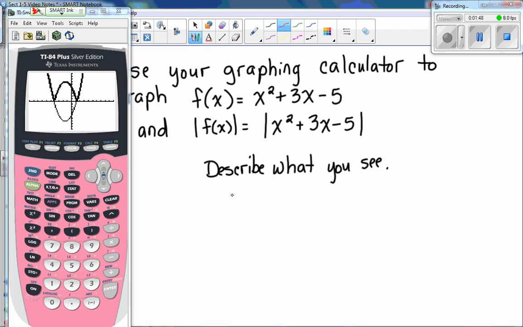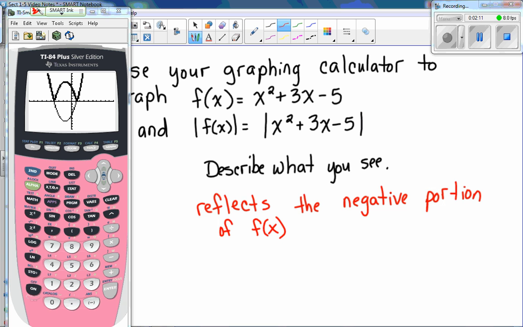If we were to put words to this, we could say it reflects the negative portion of f of x across the x-axis. That's helpful to know, because now you could make predictions about graphs even without graphing them on your graphing calculator.